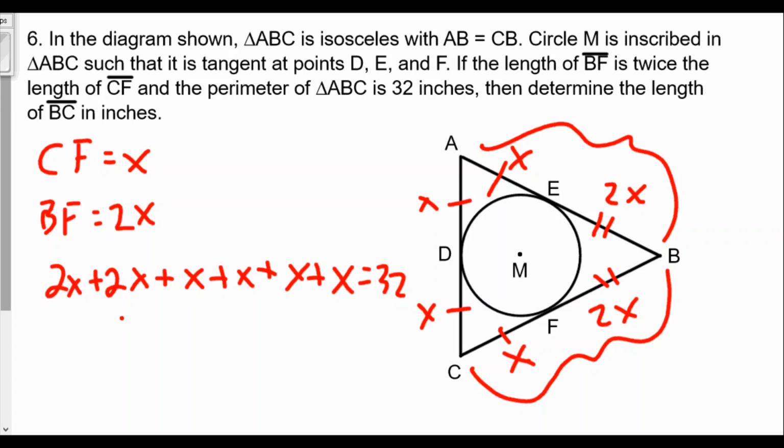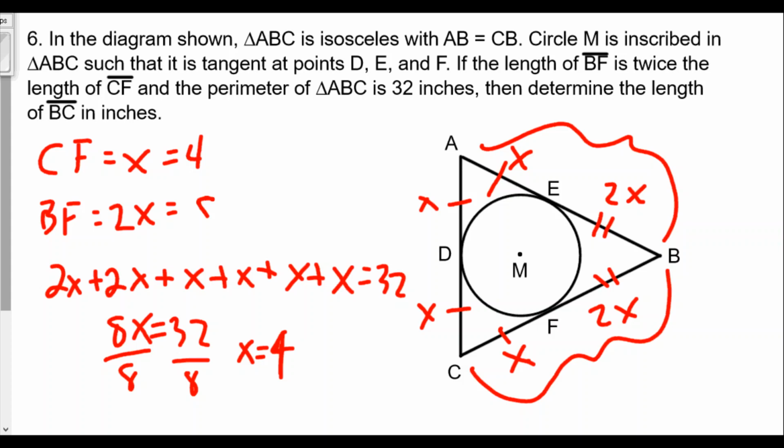That means we have 8x equals 32. Divide both sides by 8, x equals 4. And so CF must be 4, and BF must be 2 times 4, which is 8.